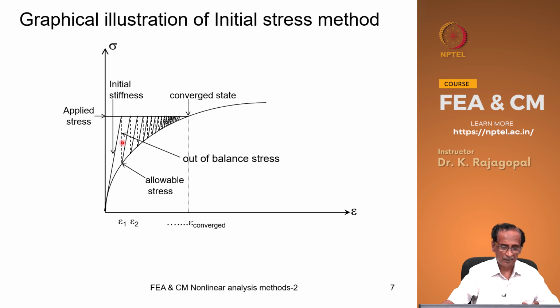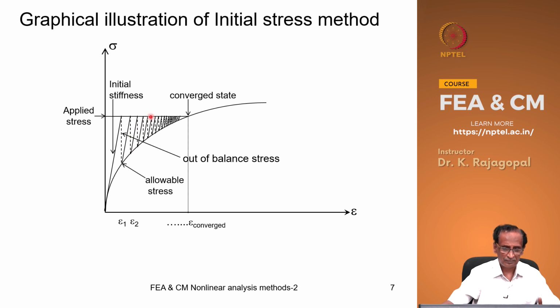And then we apply this back on the system, and get our incremental displacements, incremental strains, and other things, and then we repeat this process until the out of balance force is negligible. In the process, we are not going to change the stiffness matrix, it remains constant. That is why it is called the initial stiffness or initial stress method.